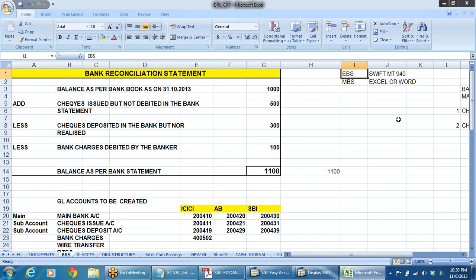But in our practice or in our session, we cannot go through the EBS, because the file format is going to be, if I'm not wrong, MT940 or cash 20. They are nothing but text formats, international format numbers. I'll show you.